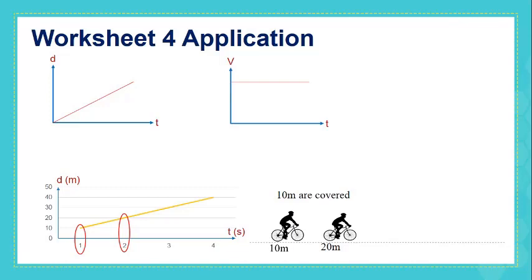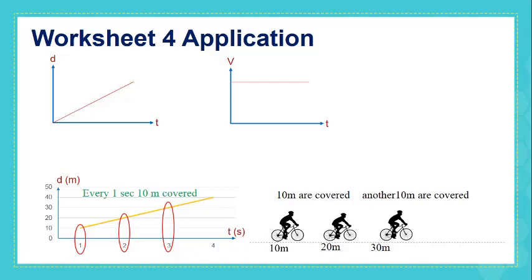Then, at time 3 seconds, he reached 30 meters. From 20 to 30, another 10 meters are covered. So, every 1 second, the cyclist is covering 10 meters. This means that the cyclist is moving at a constant speed.